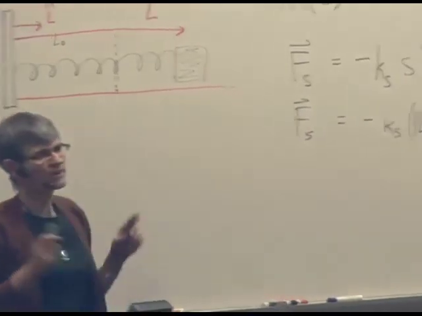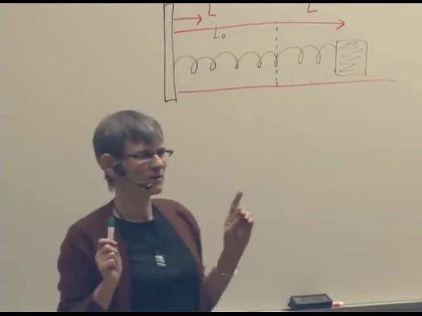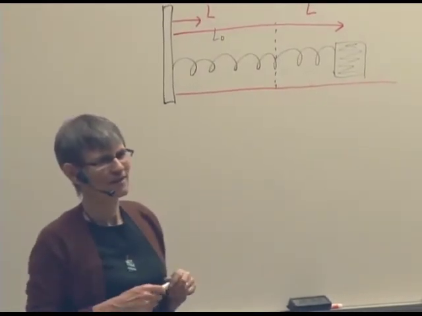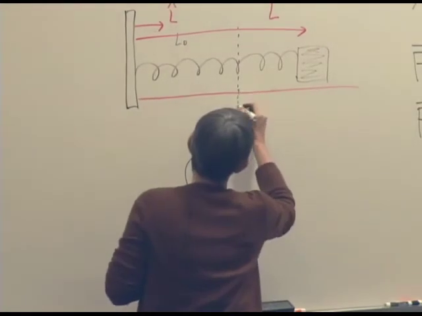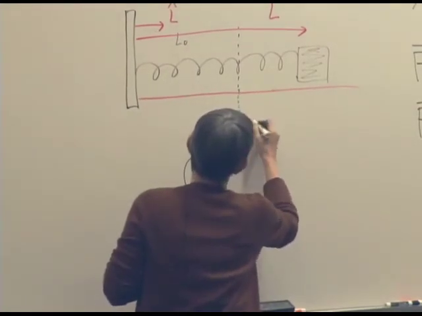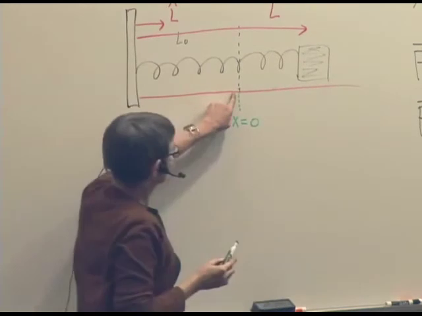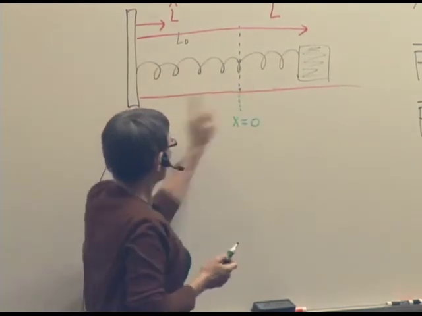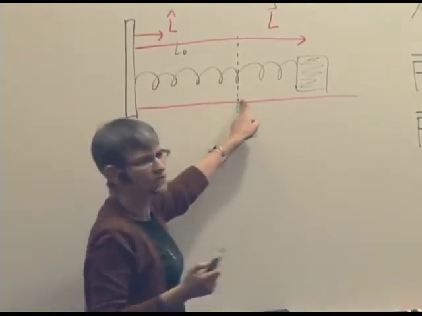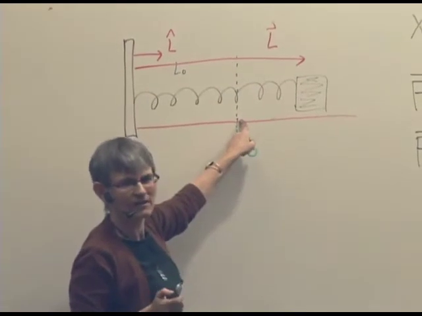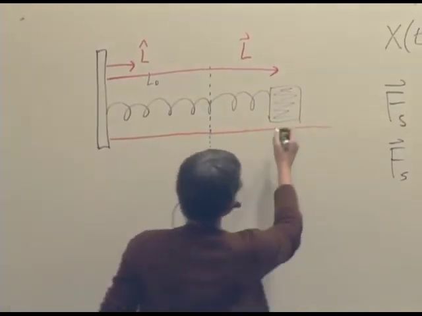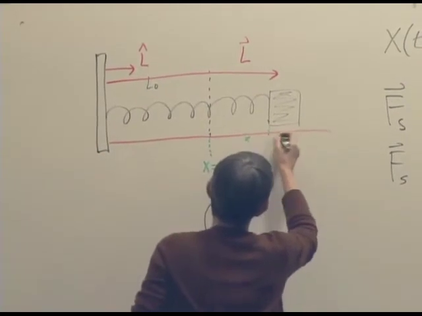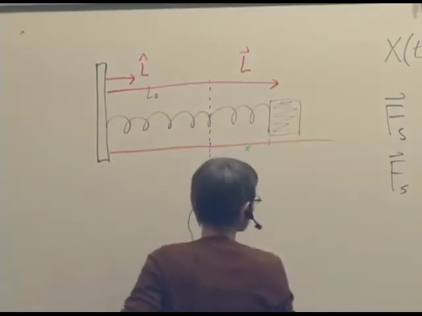Now we can make our life very much simpler mathematically by choosing an origin in a convenient way. So what we're going to do here is we're going to say that we're going to put x equals 0 at the end of the spring when it's at relaxed length. Okay, so the coordinate of this would then be some x here.